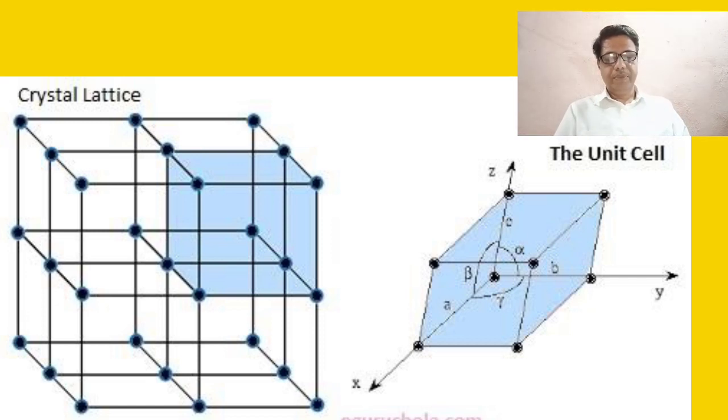Some important points about the unit cell. When the unit cells are stacked together to generate the crystal, as we previously saw in our definition, the unit cells are the basic portion to generate the crystal structure.